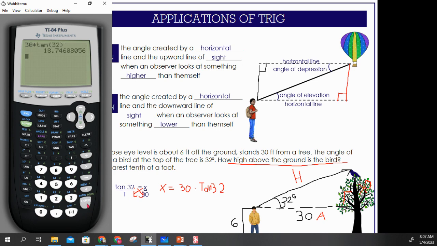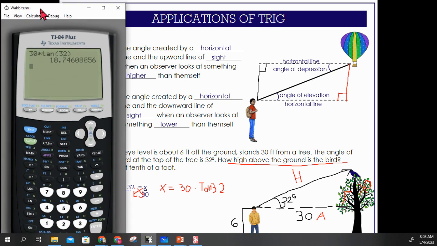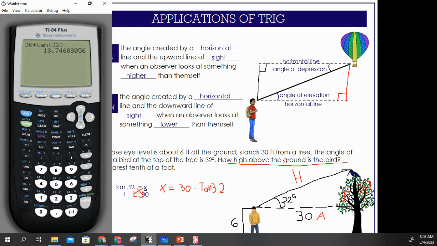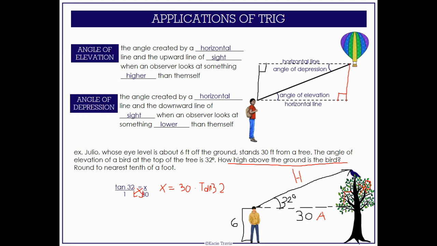That gives us 18.746 and so on. Now, this is talking about the height of this bird. So let's check to see if our answer is right. 18.7 would be it.